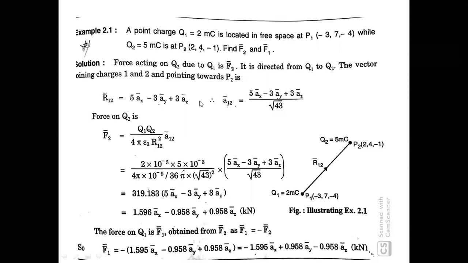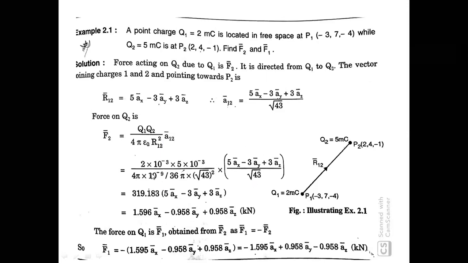And R square we have already calculated. What does this R square mean? It is the square of the distance, meaning its magnitude squared. So the distance will become root 43, bracket squared. All of you get it? Into this unit vector a bar 1,2, which will be put down as it is.